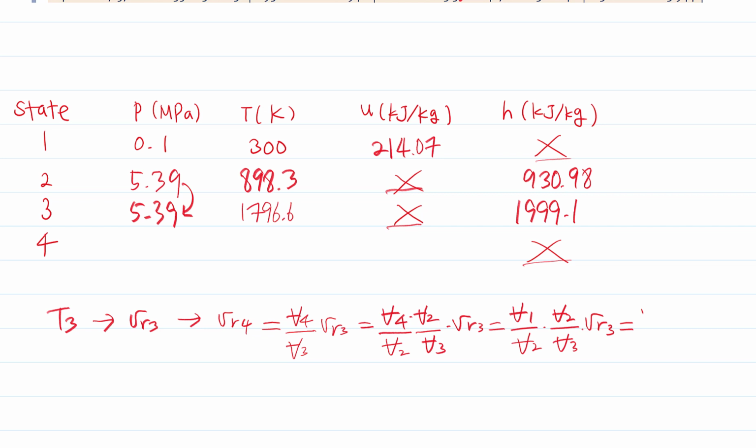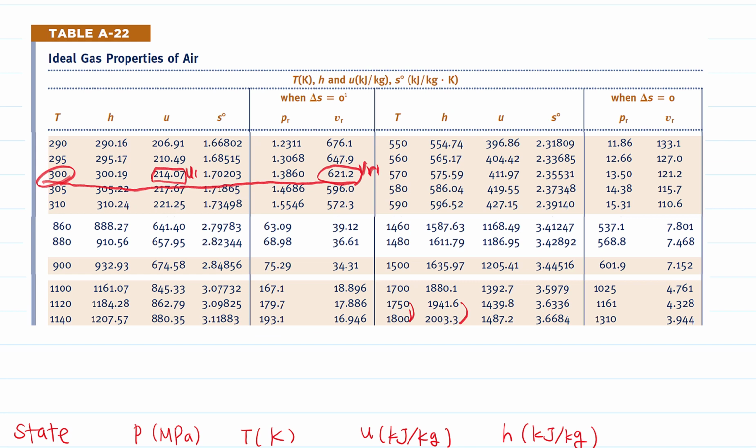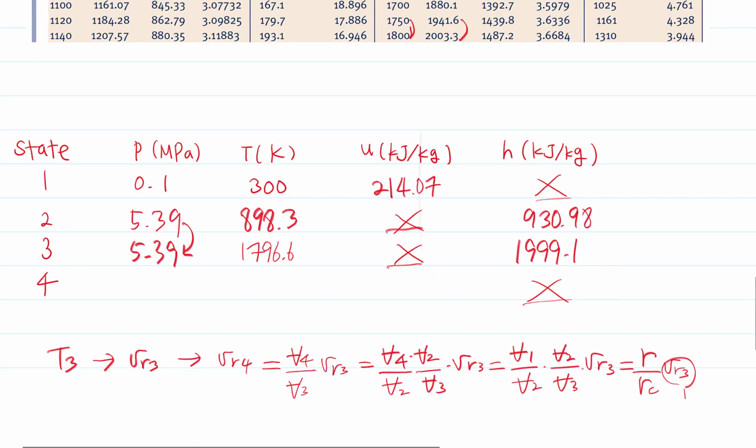V1 over V2 is the compression ratio. V2 over V3 is the reciprocal of the cutoff ratio. At temperature T3, vr3 is 3.97. vr4 is calculated as 35.73. The relative specific volume 35.73 falls between these two numbers, so we can determine the temperature and internal energy at state 4.